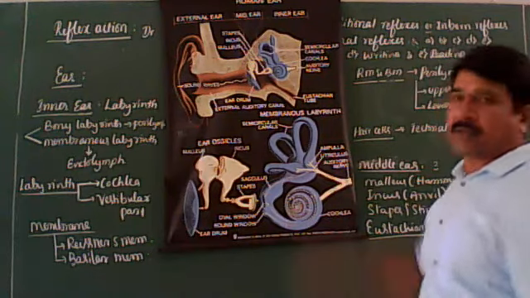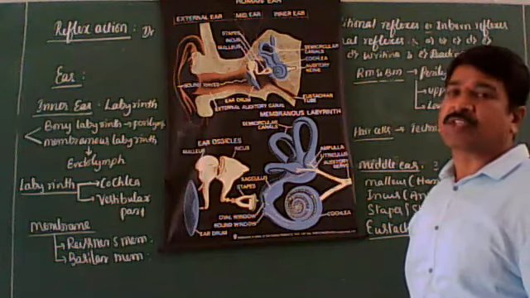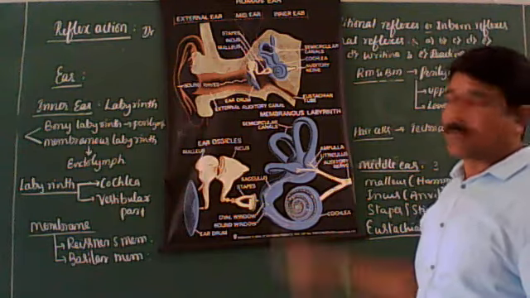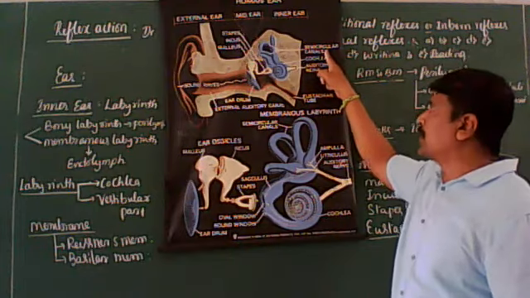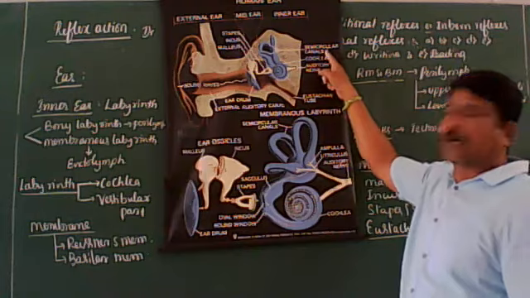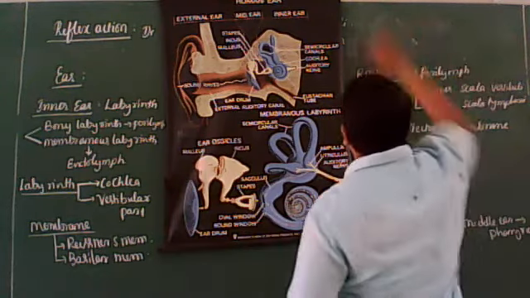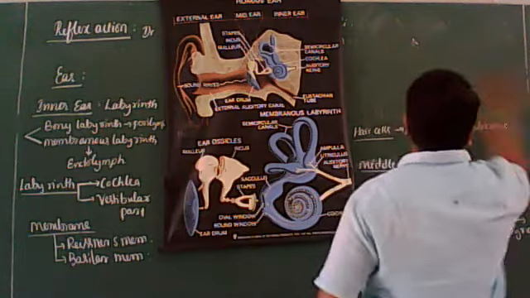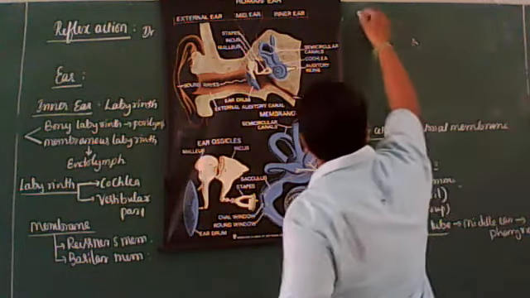Each semicircular canal lies in different planes at right angles to each other. At the base of the semicircular canals, there is a swollen structure called ampulla. Look at the board.